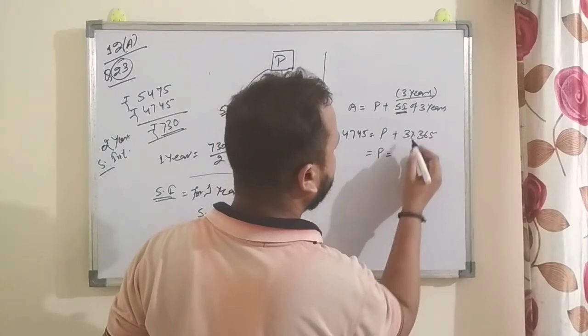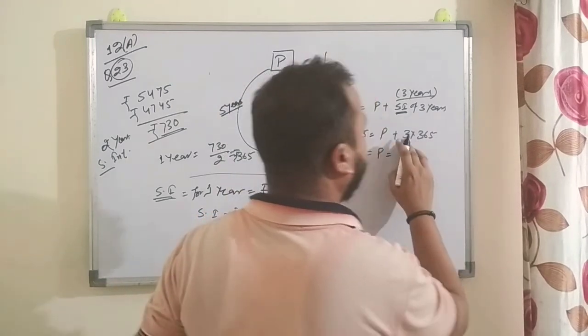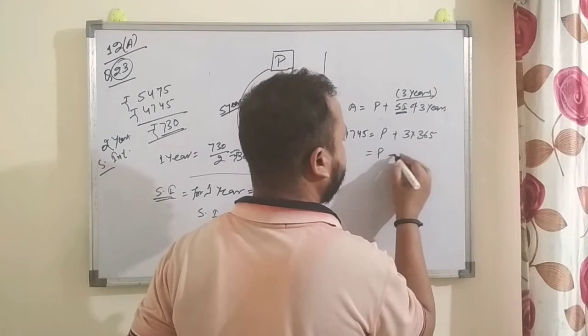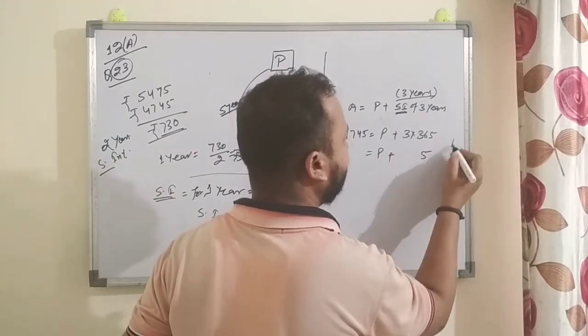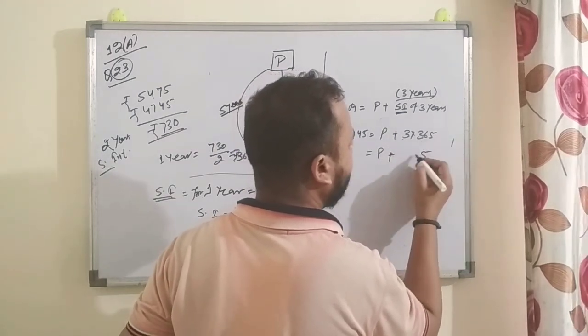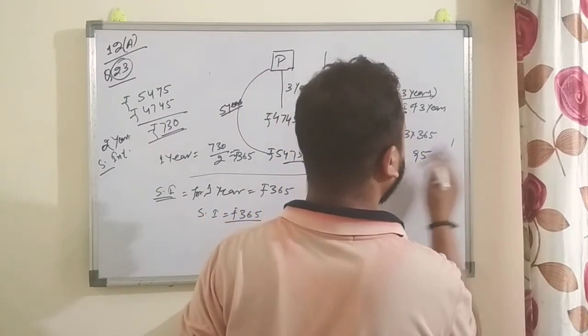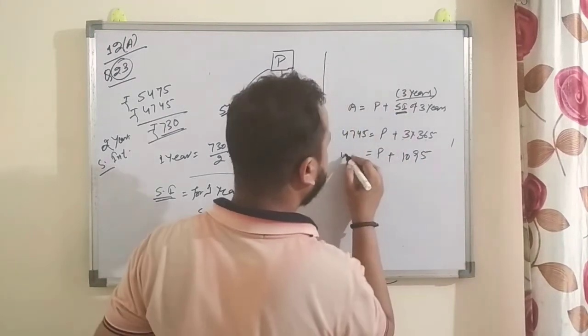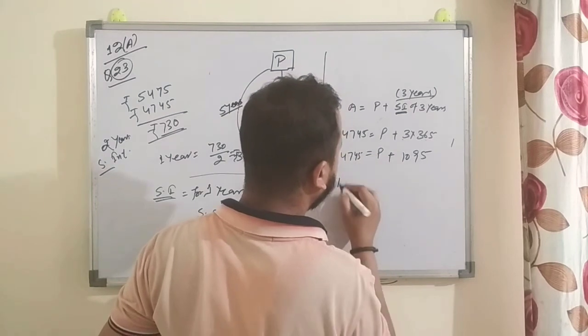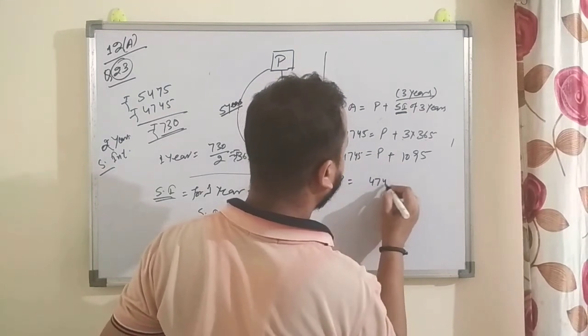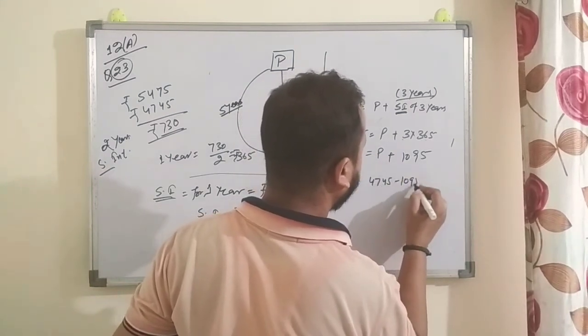So 3 5s are 15, carry 1. 3 6s are 18, plus 1 is 19. Carry 1, 3 3s are 9, plus 1 is 10. That's 1095. So principal P is 4745 minus 1095.